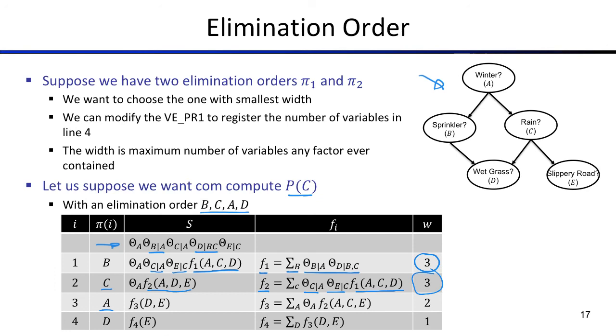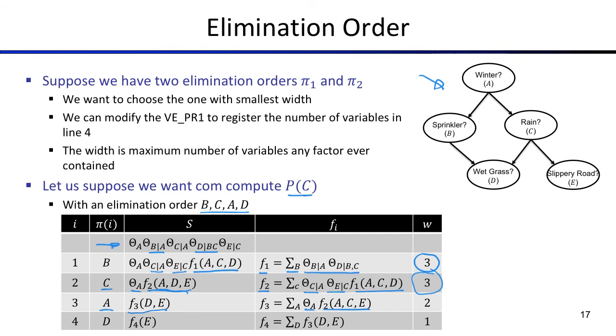So now we're going to multiply all factors that mention A. We have this factor here, and we also have F2, which mentions A. So we multiply them together and eliminate the variable A. We're going to create the factor F3. So the factor F3 is the multiplication of the factor that mentions A and also F2.